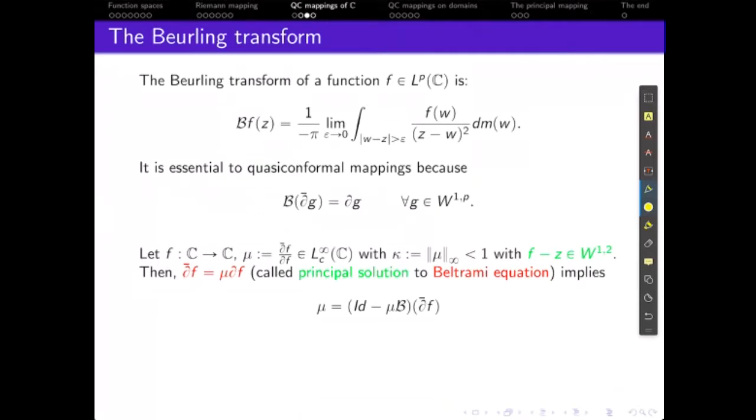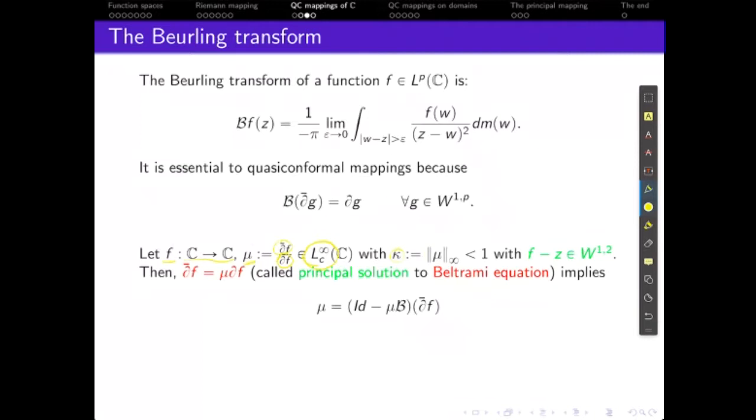So, let's see what our quasiconformal mappings are. Assume that F is a function from C to C, the complex plane, homeomorphic, and assume that its distortion, delta bar F divided by delta F, is an L-infinity function with compact support. Okay, this means that F is holomorphic close to infinity.